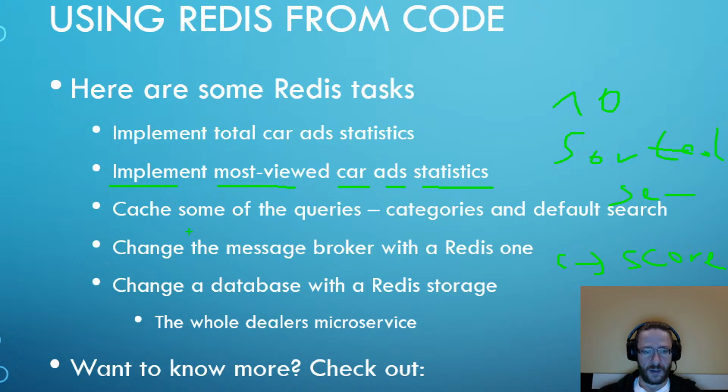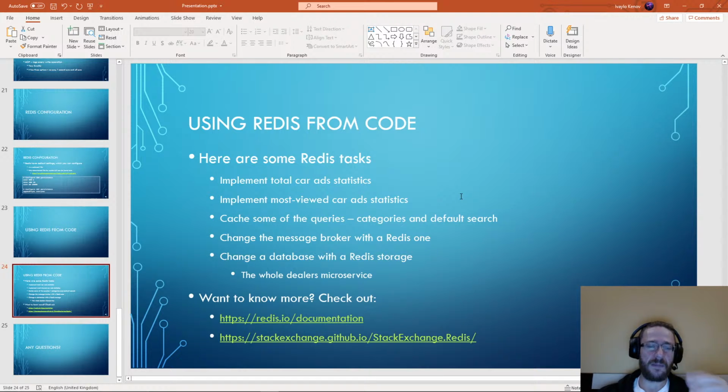We can cache some of the queries, for example, get categories or the default search without any parameters. We can change the message broker with the Redis one. That's nice to have, it's not necessary. RabbitMQ is good enough. We can change a whole database with the Redis storage. For example, the whole dealers microservice may be replaced with a Redis store.